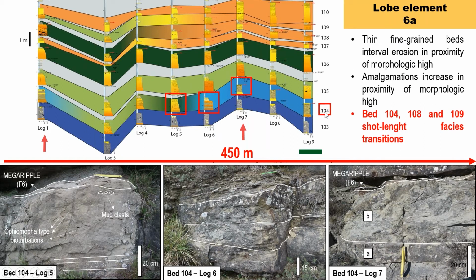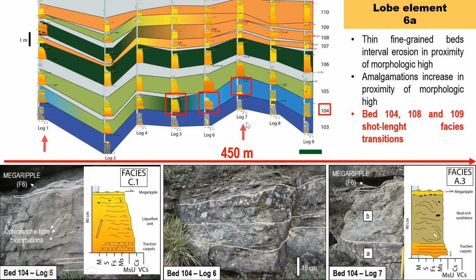Here I reported the example of bed 104 that is thick-bedded and coarse-grained in log 5, while it exhibits a short facies transition in less than 450 meters to a tripartite hybrid bed in correspondence of log 7.